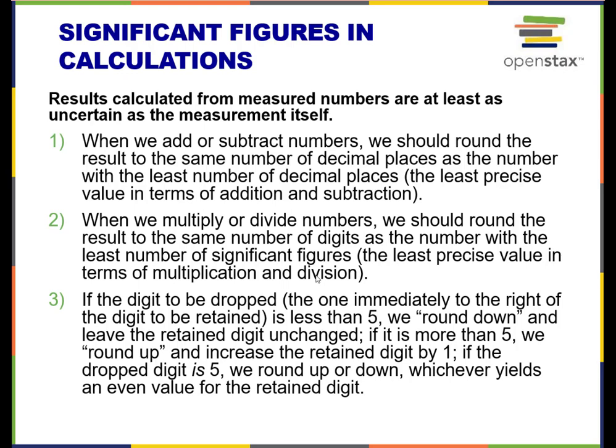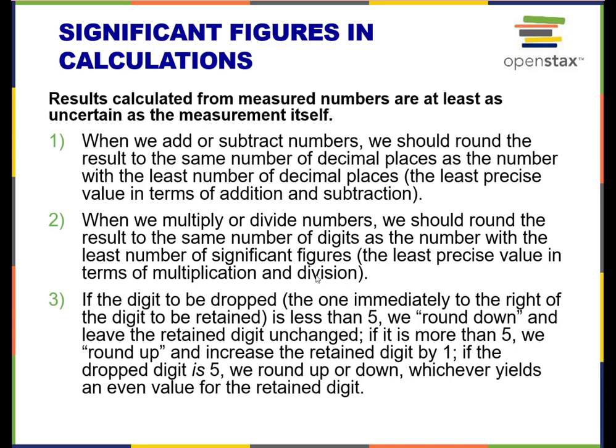But according to precision in scientific calculations and measurements, it's important that we only keep the numbers that have physical meaning, that we're allowed to keep based on the rules of significant figures.